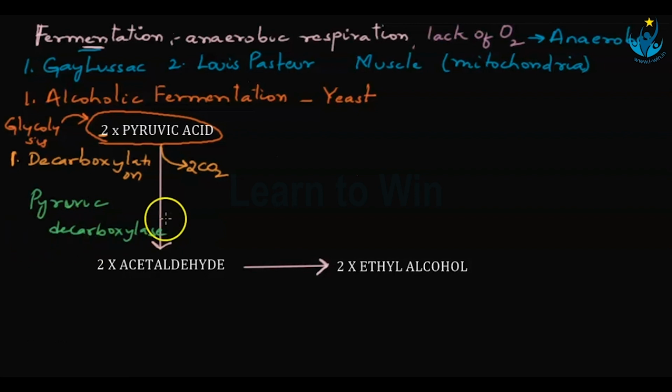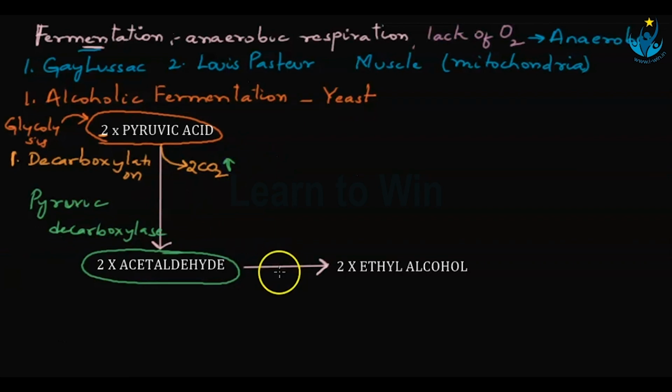So that is the enzyme that carries out this particular decarboxylation. And what is the product you're getting? The product you're getting is 2 molecules of acetaldehyde. And this carbon dioxide, what happens? It is released in the form of carbon dioxide gas.